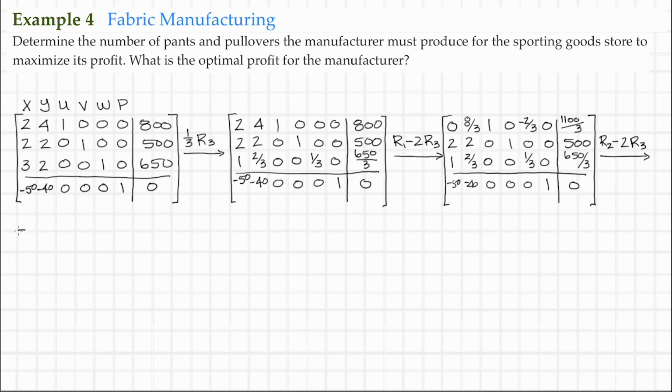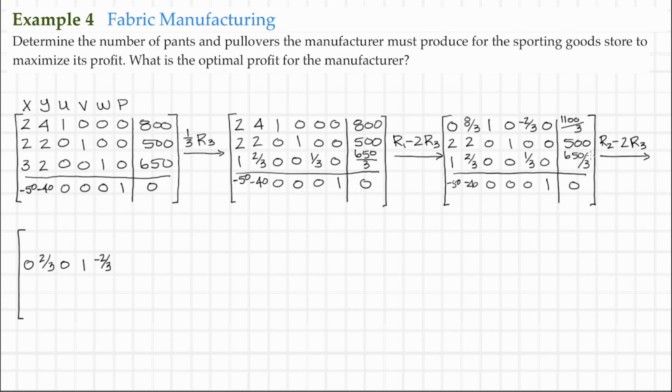And we'll start it over here. 1 times 2 is 2. 2 minus 2, 0. 2/3 times 2, that's 4/3. 2 minus 4/3 is 2/3. 0 times 2, that's 0 and 0. 0 and 2, that's 0, and then we have 1. 1/3 times 2, that's 2/3. 0 minus 2/3, that's negative 2/3.